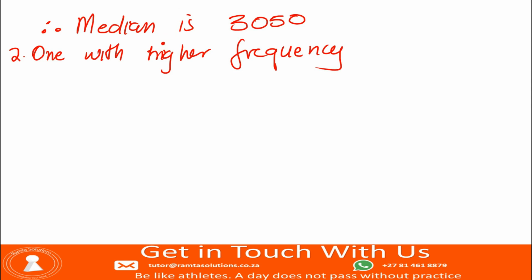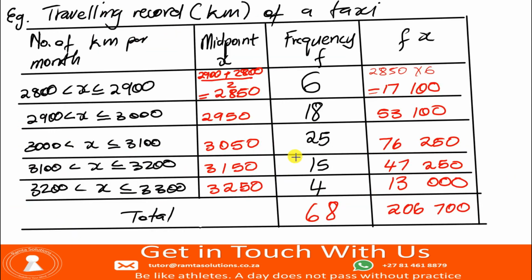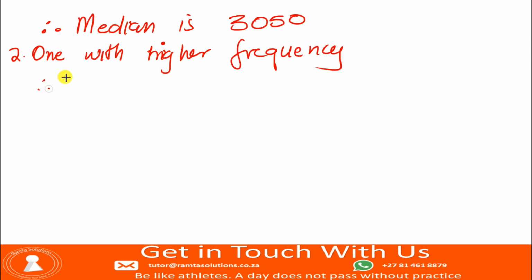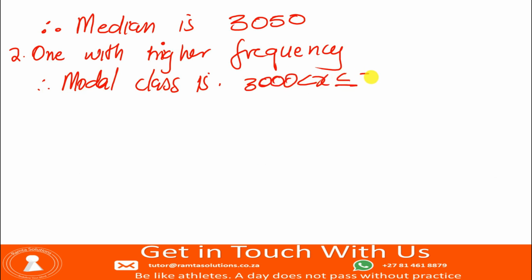Going back to our table, the highest frequency is 25. Which class is that? Greater than 3,000 but less than or equal to 3,100. Therefore, the modal class is x greater than 3,000 but less than or equal to 3,100.